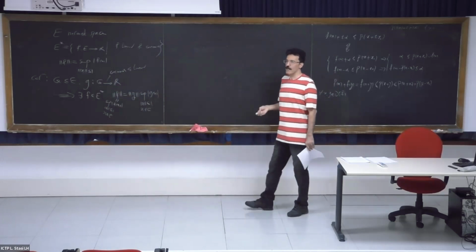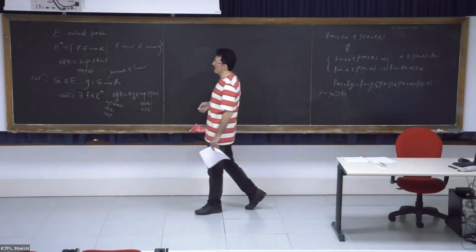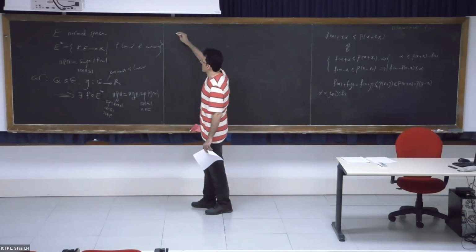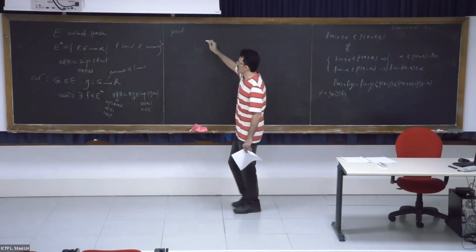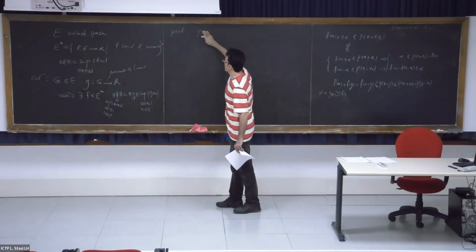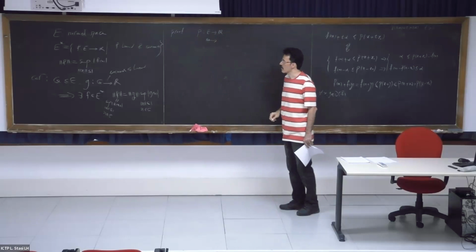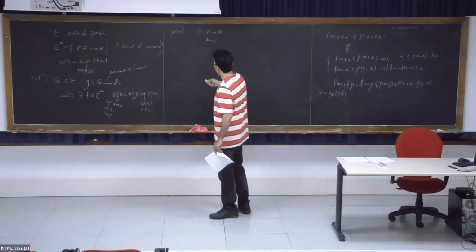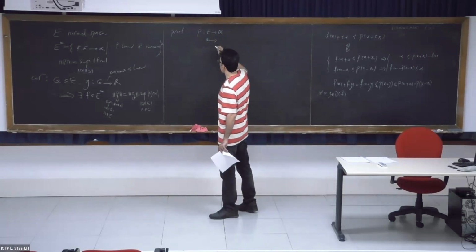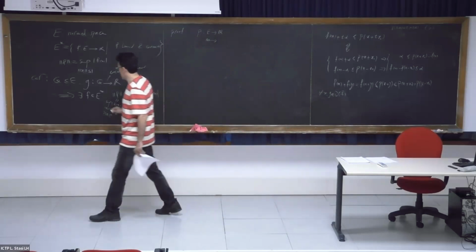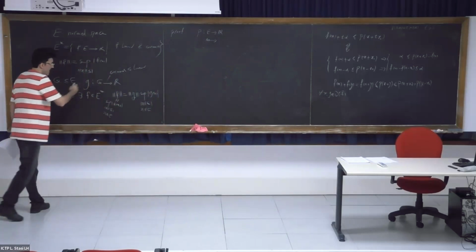So how can we use the analytic form of Hahn-Banach for this corollary? It's easy, because we define P from E to R. I need to have this one for all of P, and I have G here.